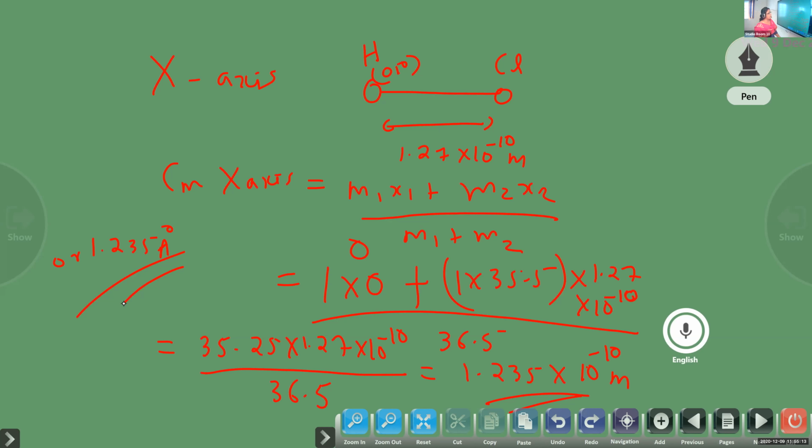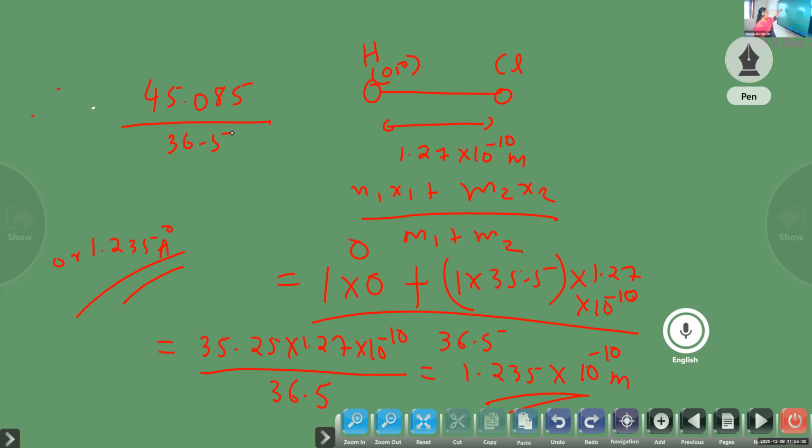You will get 45.085. Those who are not getting the answer, if you divide 45.085 by 36.5, you know it is going to be approximately 1 point something.